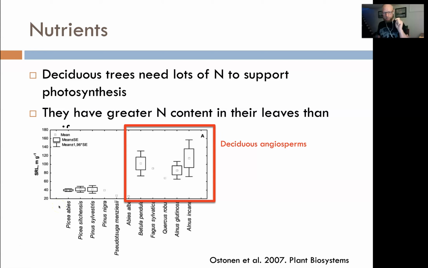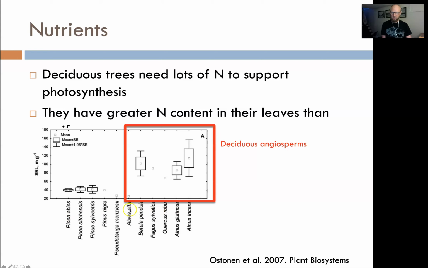Specific root length. So here's a figure showing the difference in specific root length between deciduous angiosperms and evergreen gymnosperms. On the y-axis here, we have specific root length. Remember, a high value means plants can explore lots of soil for a relatively small carbon investment.